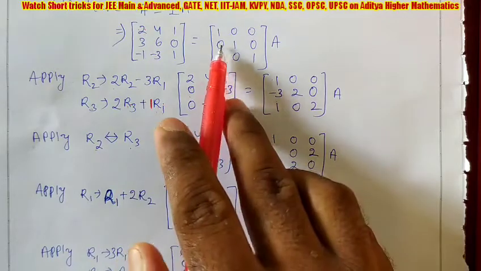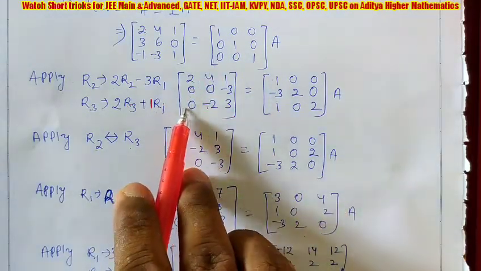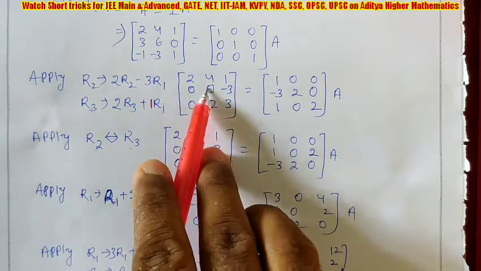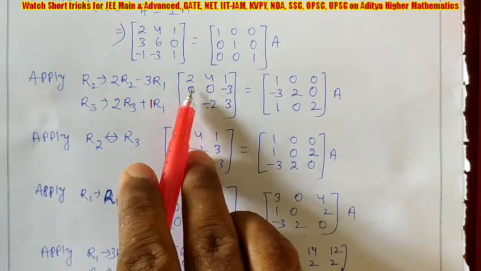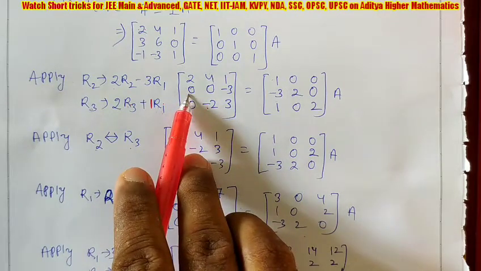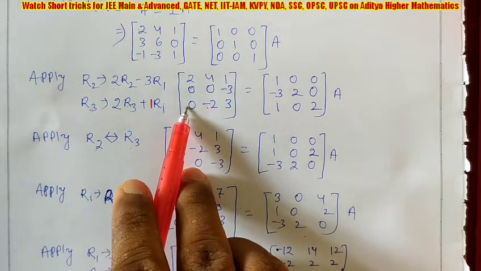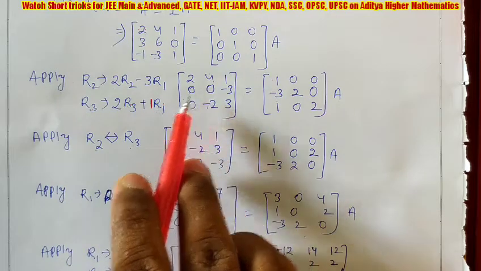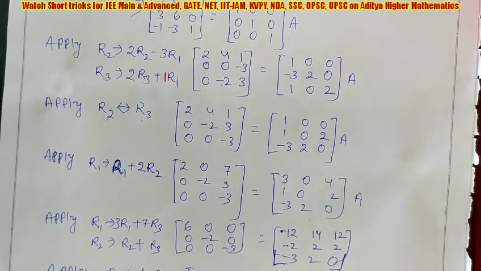Okay, because these two elements are already 0 here, and already we got 2 zeros. If we interchange R1 and R2, no doubt we will get this element 4, which is non-zero. But again one problem will come, this element will be non-zero. But if we interchange R2 and R3, we will get R2 is non-zero, minus 2, and between R2 and R3 does not change because both are 0.